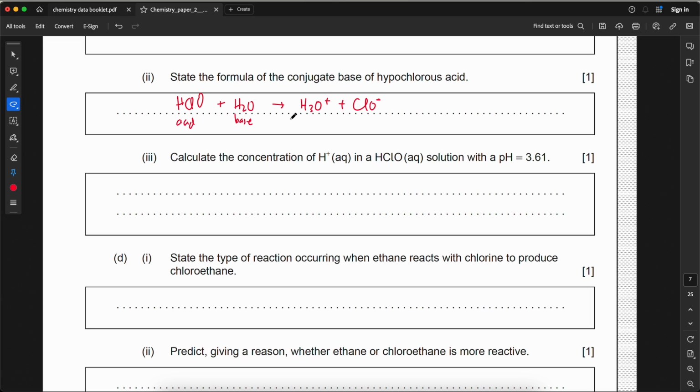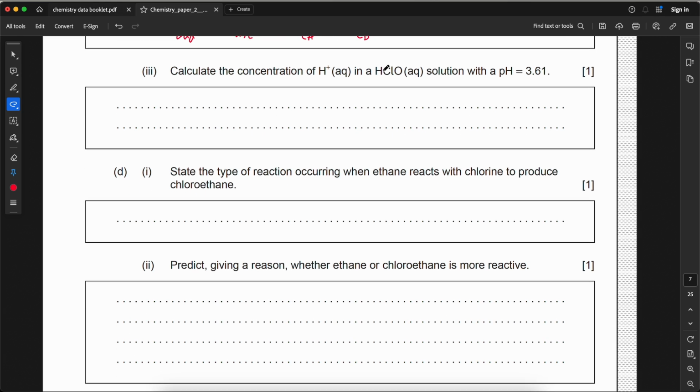This acts as a base, this one is the conjugate acid, and this one is the conjugate base. So the conjugate base of hypochlorous acid is ClO-.